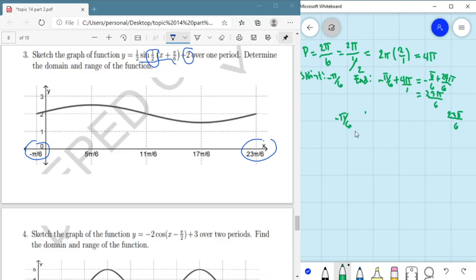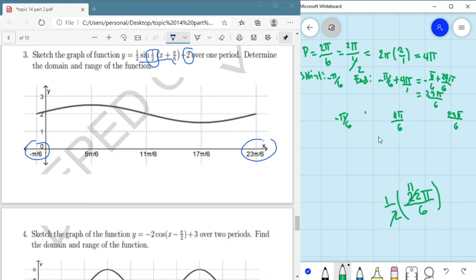So in between them, we have 23 minus pi, which is 22 pi over 6. That is the average, so we say 22 pi over 6 times 1/2. So it cancels to 11 pi over 6. So the middle of them is 11 pi over 6.